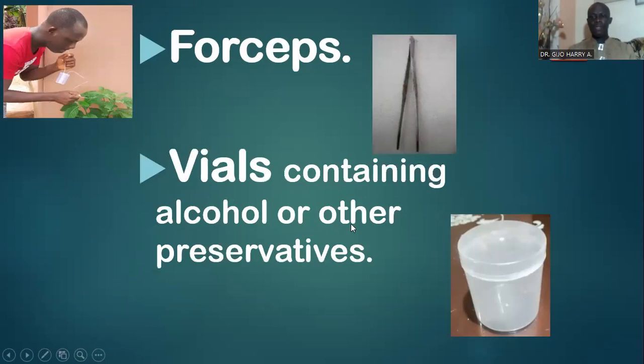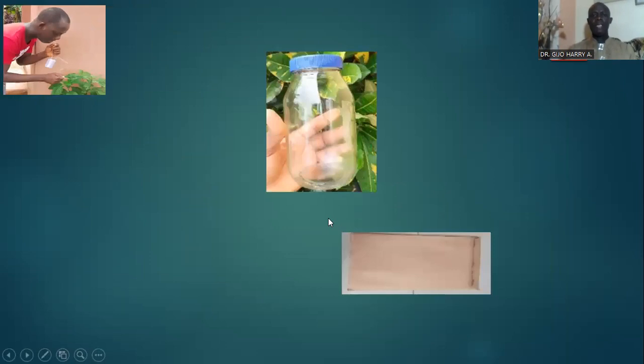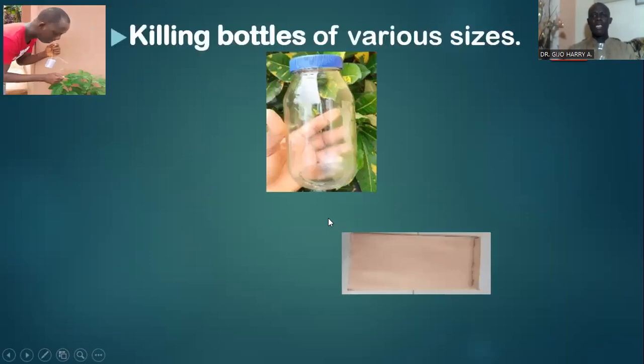We also need killing bottles of various sizes, which can be improvised by using a mayonnaise bottle if the normal killing bottle produced specifically for this purpose is not available. Then small boxes are also required.